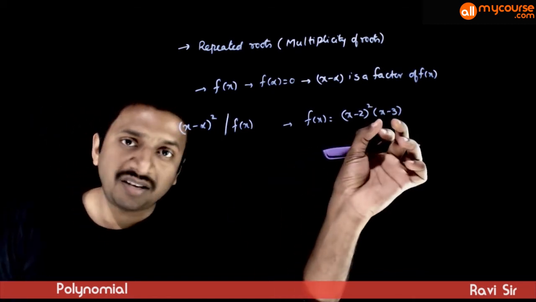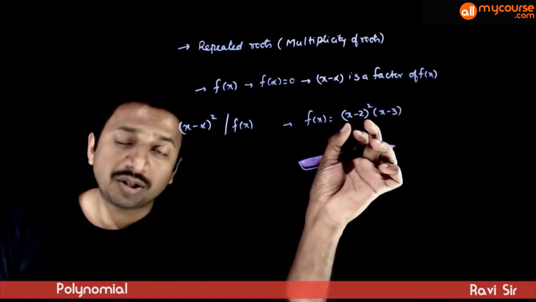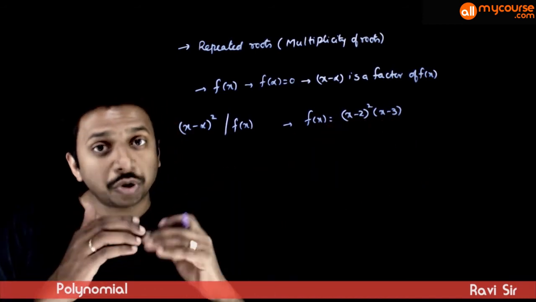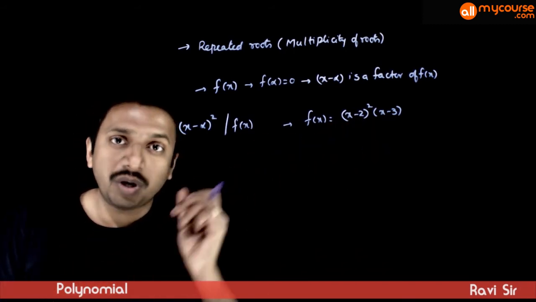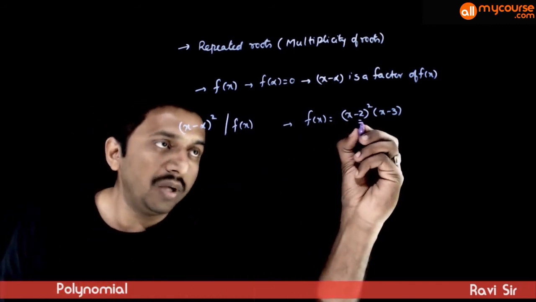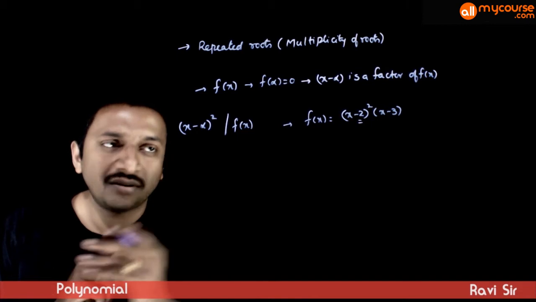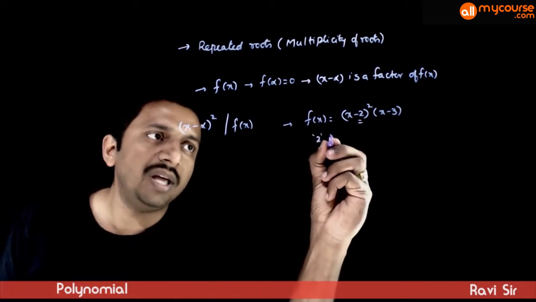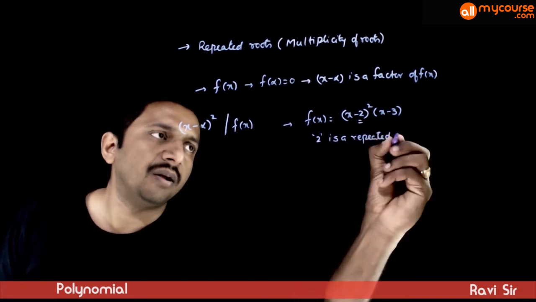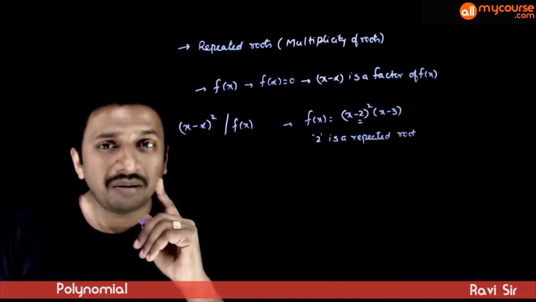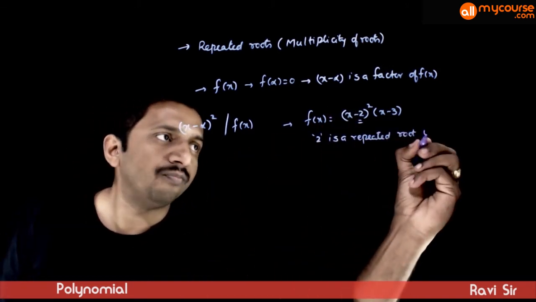Here x minus 3 is a factor and x minus 2 is also a factor and x minus 2 whole square is also a factor. Now in this situation we say that 2 is a repeated root with multiplicity 2.